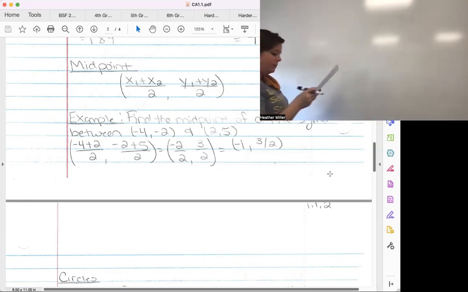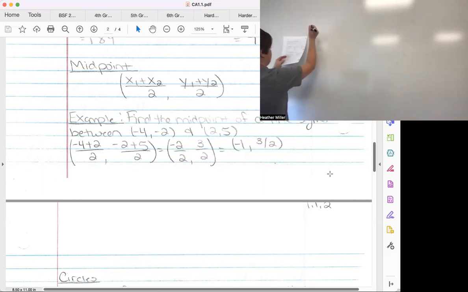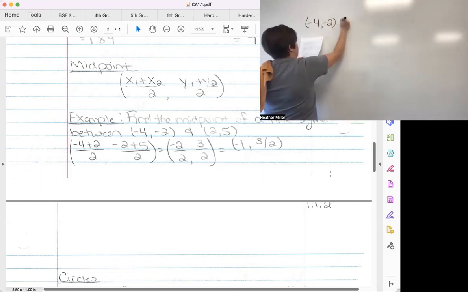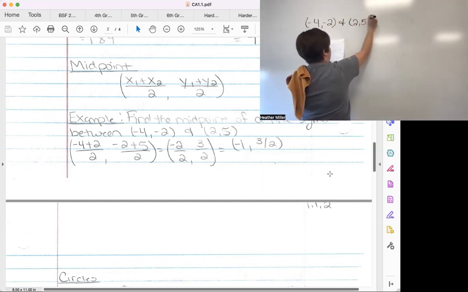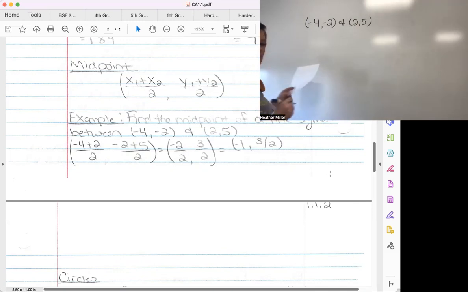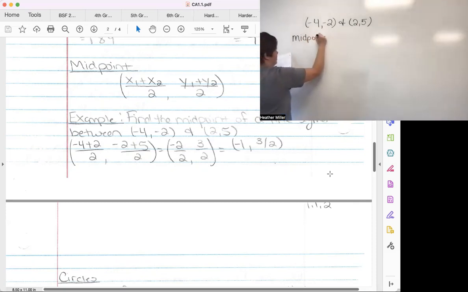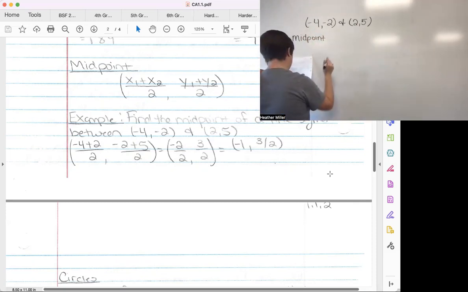We're going to find the midpoint of a line segment between 2 points, -4, -2, and 2, 5. And just like with distance, I'm going to write down the midpoint formula because I need to learn it so that I don't have to look it up every time I need to use it.